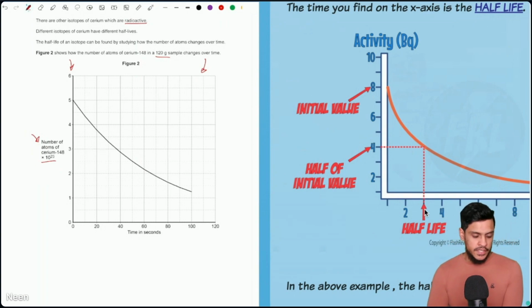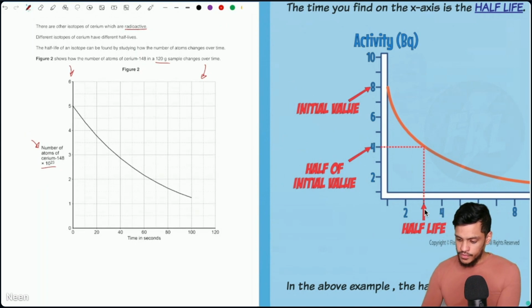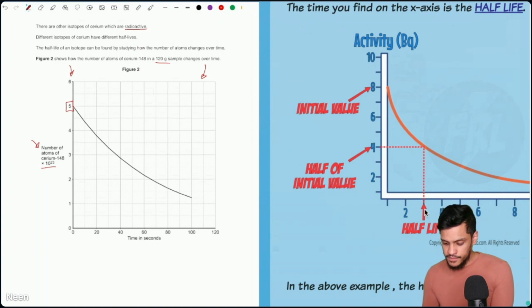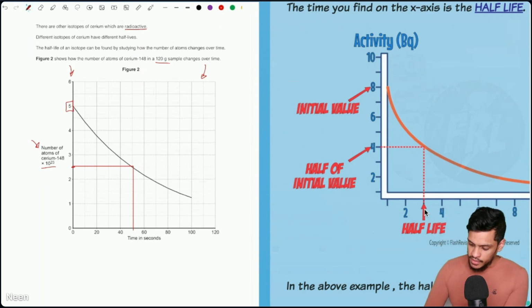Okay, so let's look at R1. We've got 5 here. We need to go to half of 5, which is 2.5. 2.5 is here. We need to go across, and then we need to go down. And that's going to give you the half-life.